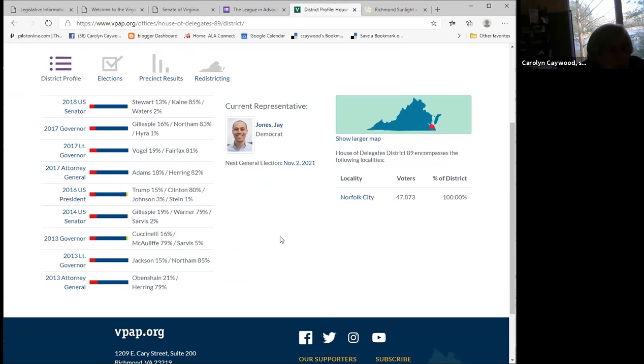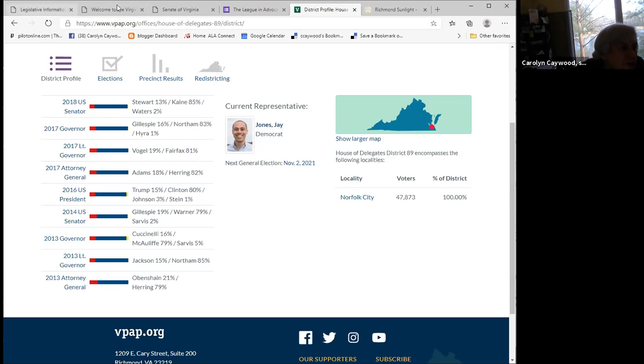What that's telling you here is how the district voted. This is only the current person. So the more was more about the district than it was more about Delegate Jones, okay?